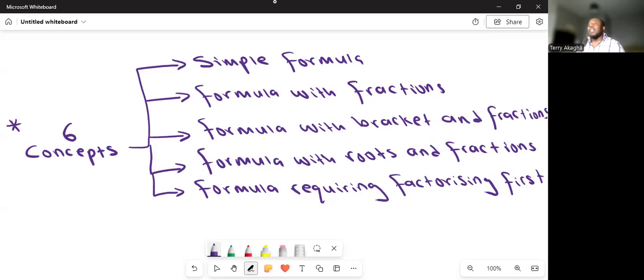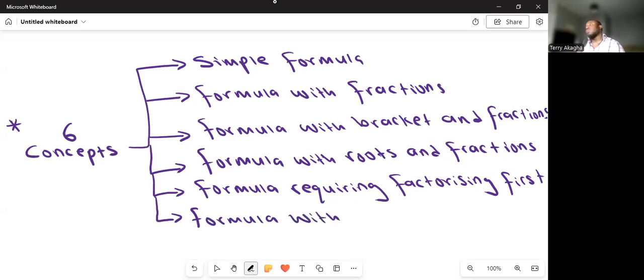Then the last one I'm going to talk about is formula with roots and powers. These are the concepts I'm going to talk about in the next videos.